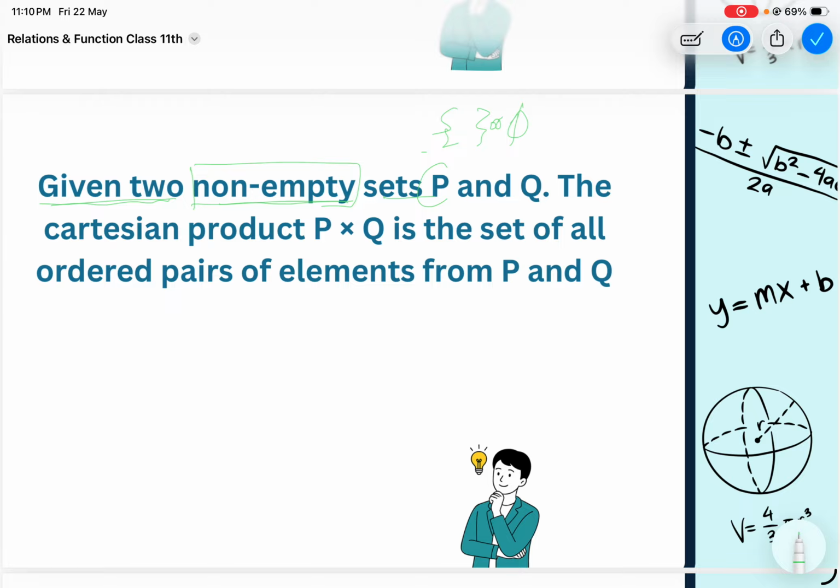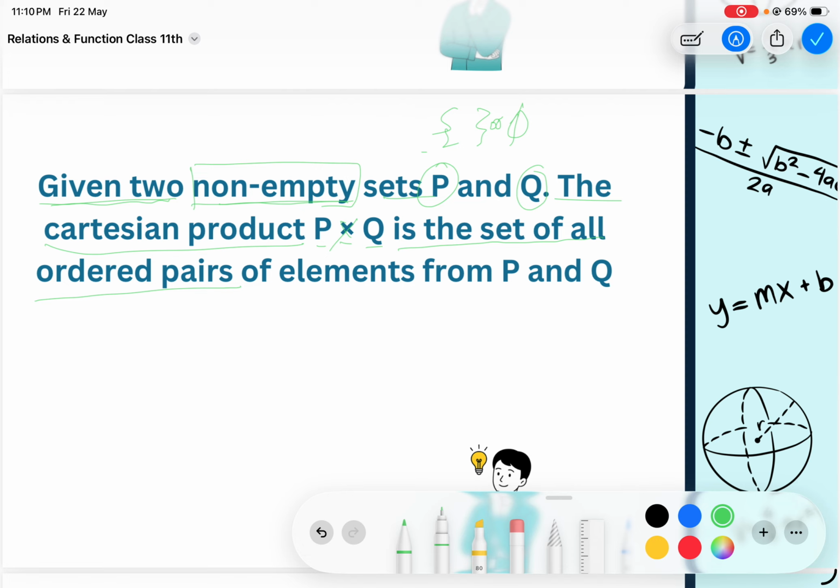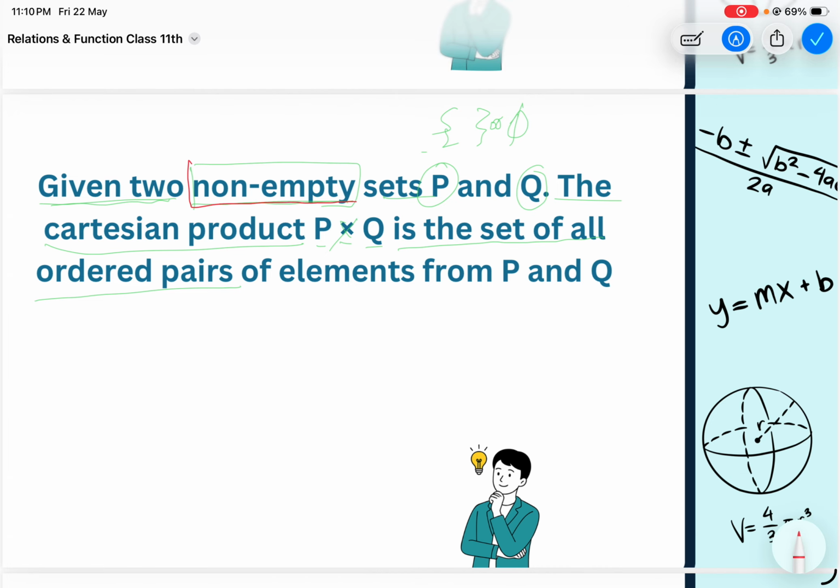Given two non-empty sets P and Q, the Cartesian product P into Q, I told you that we have to do multiplication, is the set of all ordered pairs of elements from P and Q. This is also important.